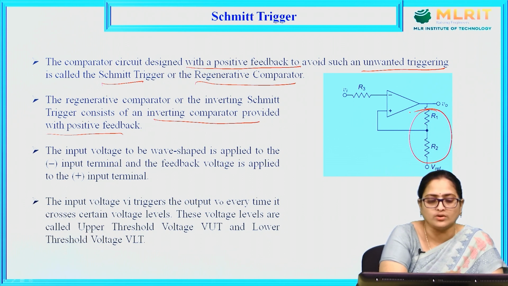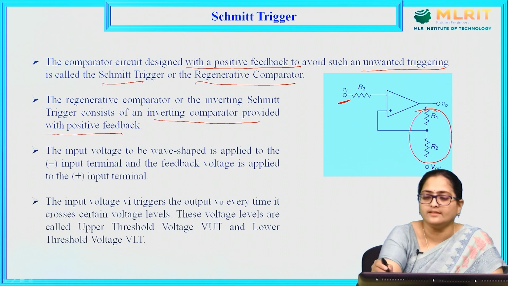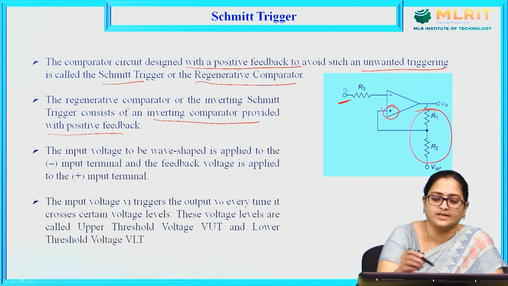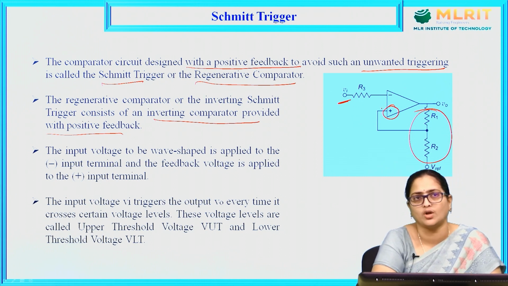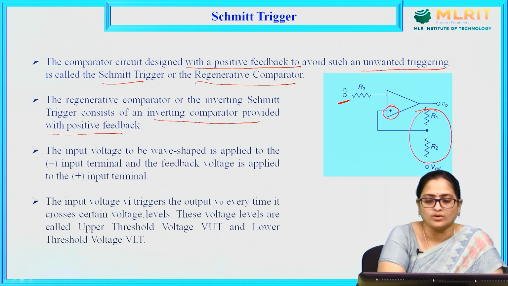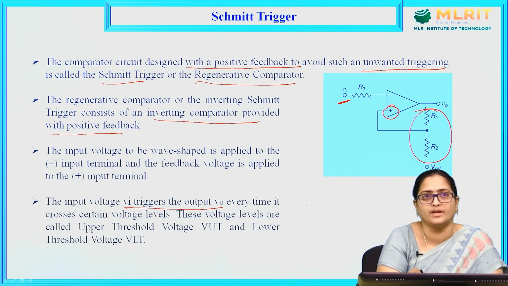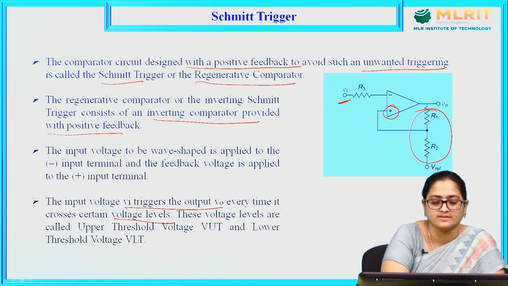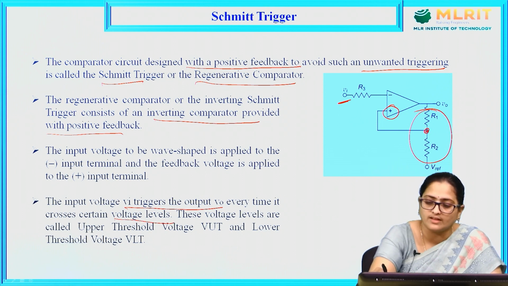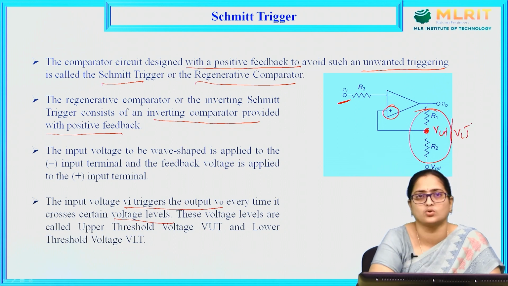The input voltage is applied to an inverting terminal and the feedback is connected to the positive terminal of an op-amp. The input voltage Vi triggers the output voltage V0 every time it crosses the voltage levels, and these voltage levels are given as the upper threshold voltage or the lower threshold voltage.